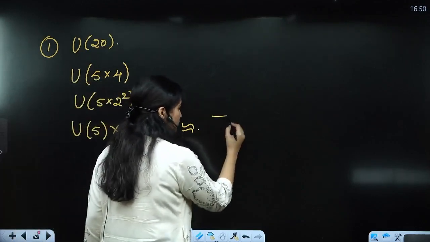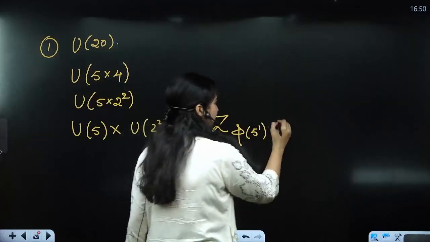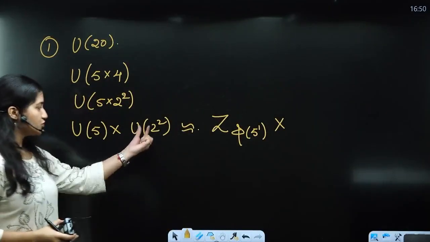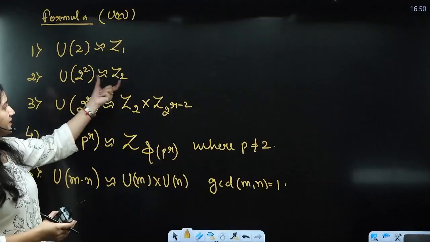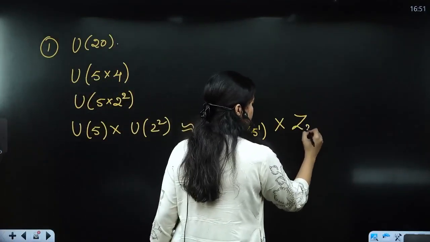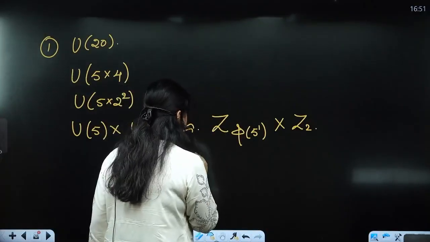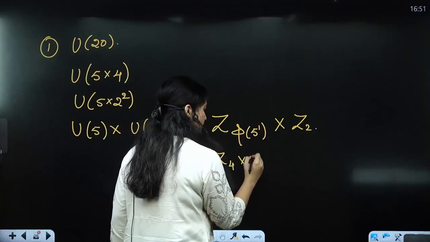So it is going to be isomorphic to Z phi of 5 raised to the power 1 and U2 square कैसे कैलकुलेट करना है, ये आपका है सीधा Z2 से आइसोमॉर्फिक. Now Z phi of 5 is going to be what, Z4.